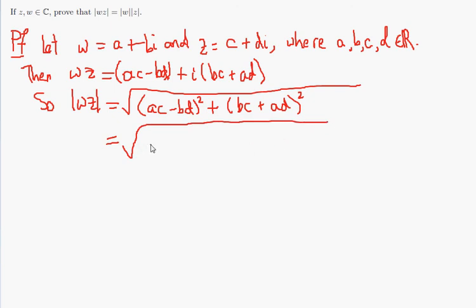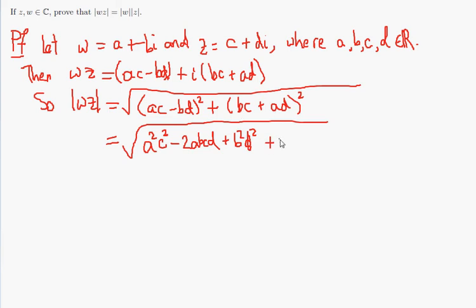This is equal to a squared c squared minus 2 times a, b, c, d plus b squared d squared. That's the first part.